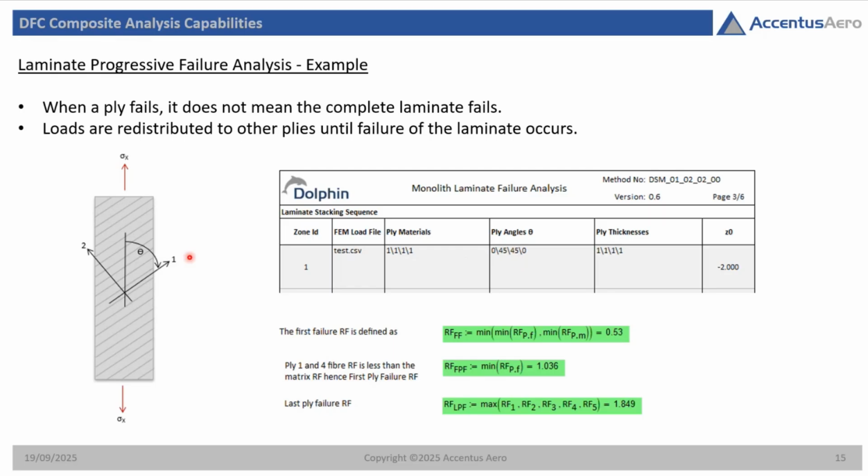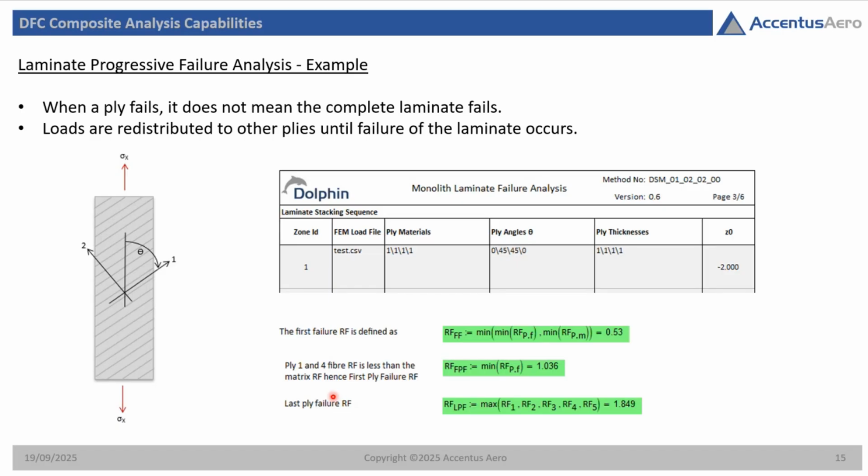We have a 0/45/-45/0 layup. If you do a first failure, then you typically get an RF of 0.53 in this example. That is when something fails, the first thing that fails. In this example, it's one of the matrices that failed, probably of the 45 plies.